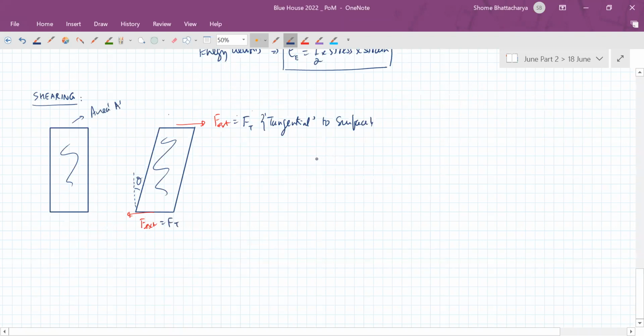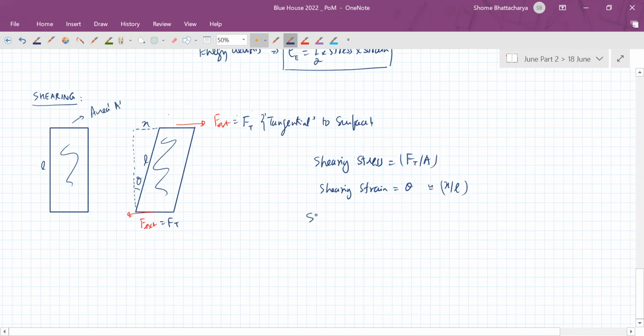So as we know, the shearing stress is defined as tangential force per unit area, and the angle by which it bends is called the shearing strain. And typically that angle is small. So if this has got displaced by x, and this length is L, you can say that it is approximately tan theta, which is x by L. Okay.